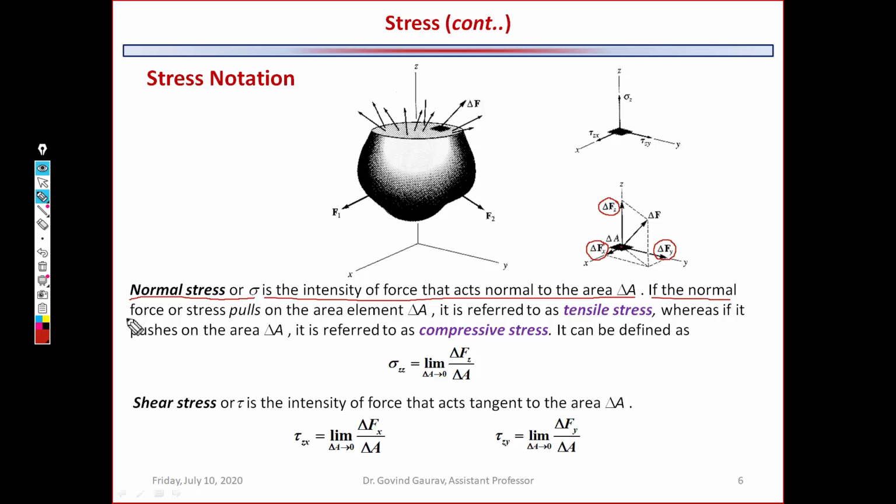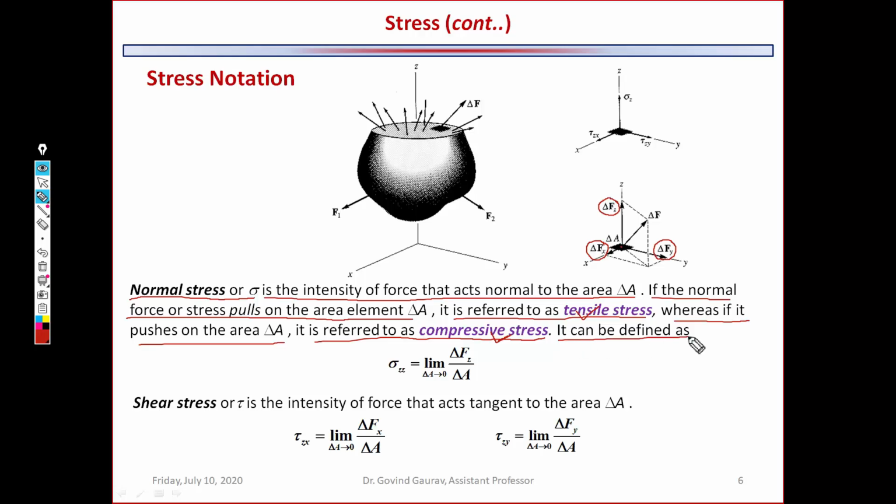If the normal stress pulls the area delta A, it is referred to as the tensile stress. If it has a tendency of pulling this apart, then we will consider these forces as tensile forces, whereas if it pushes the area delta A, it is referred to as the compressive stress. So the normal stress can be divided into two types. First one is the tensile stress, when it has a tendency to pull apart. When it has a tendency to compress or push in, it will be termed as the compressive stress.